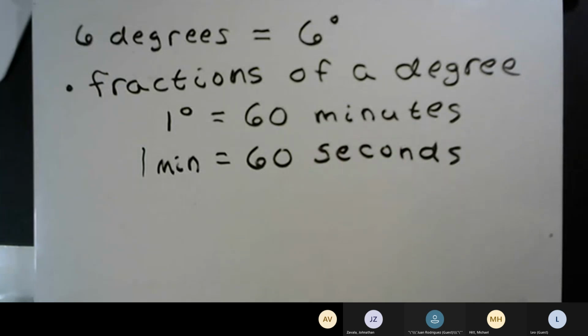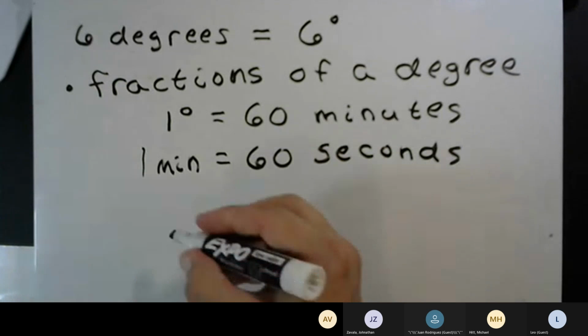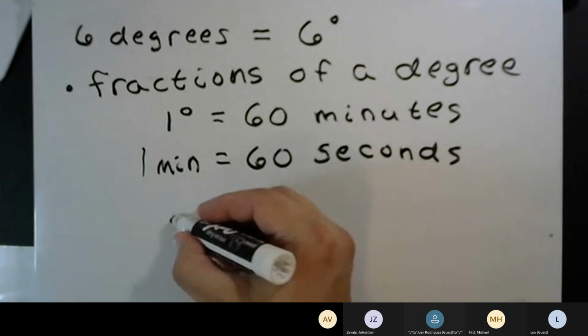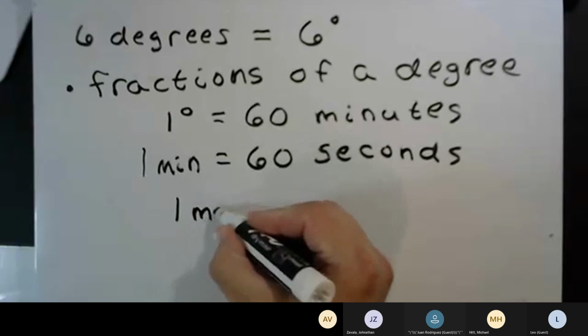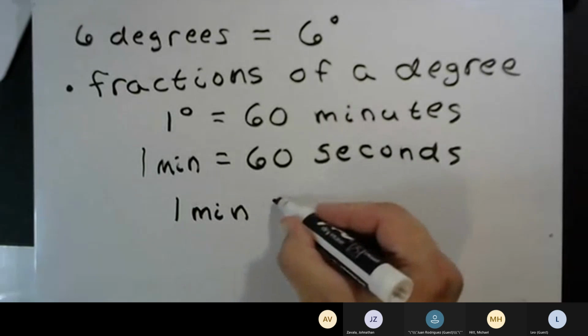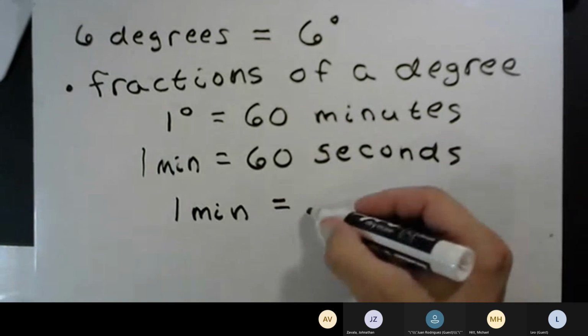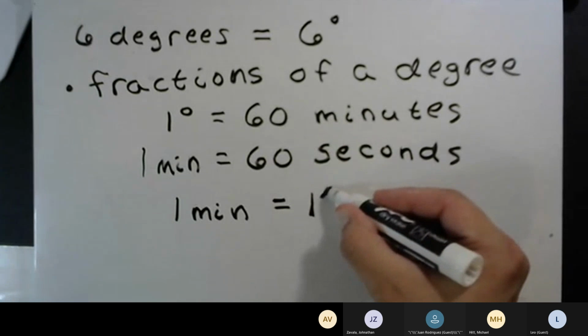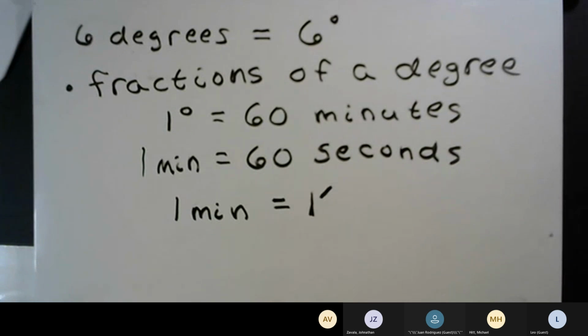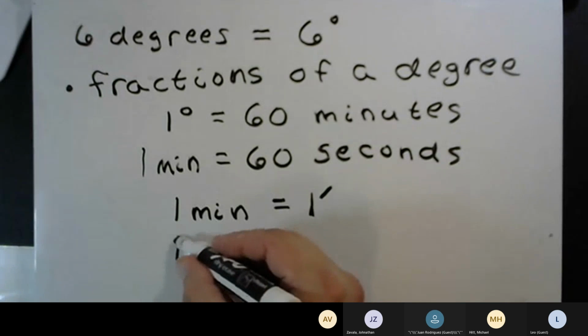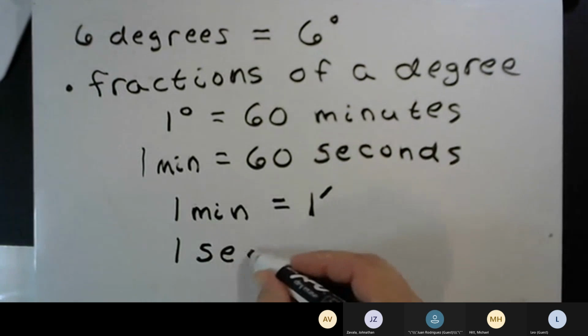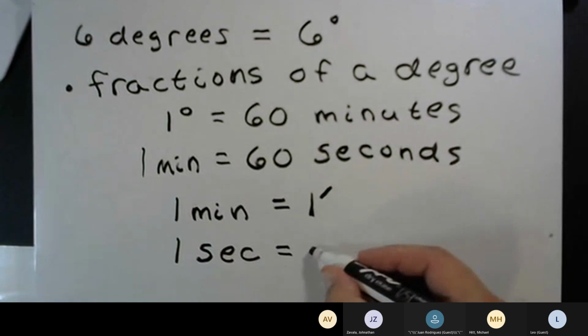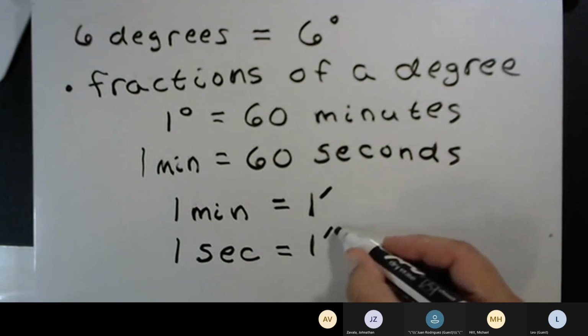Now, something to mention is 1 minute, we have a special way of representing that. Instead of writing the word minute, put an apostrophe. 1 second, put 2 apostrophes.